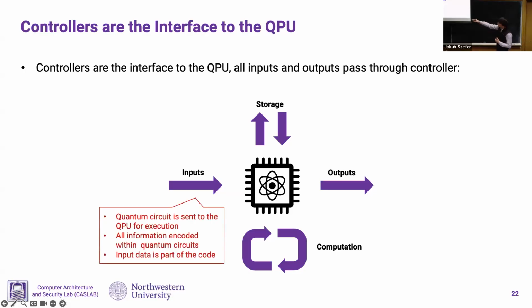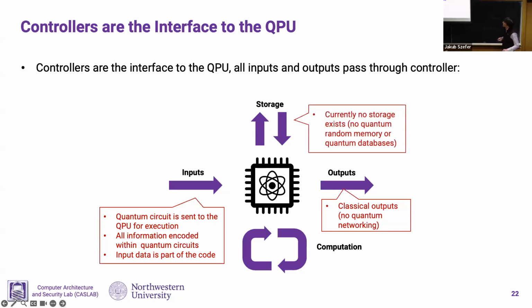So again, the quantum circuits are sent to the QPU, and until you have some quantum memory, all the information about the gates and the input data is in the input. And if there's no quantum networking, all the outputs are classical, and they're sent back to the users. Currently, there's no quantum memory, no storage.